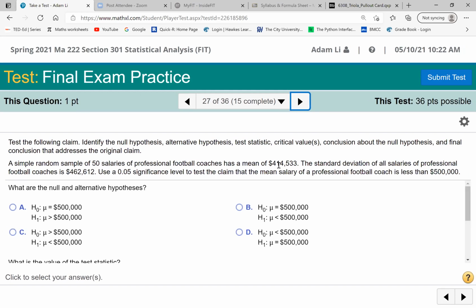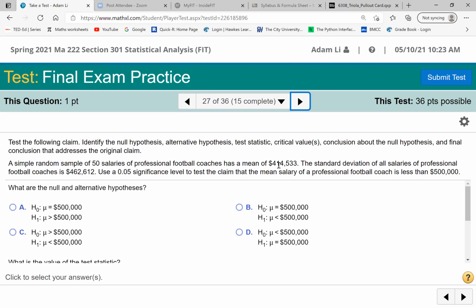And this is population standard deviation because it says all. So we know it's a population standard deviation. Since population standard deviation is given, we use the z-test; if the population standard deviation is not given, we use the t-test. So use alpha equal to 0.05, indicating we want 95% confidence.